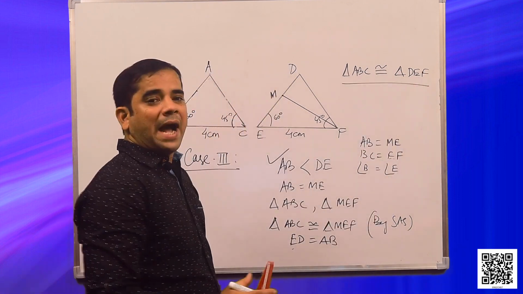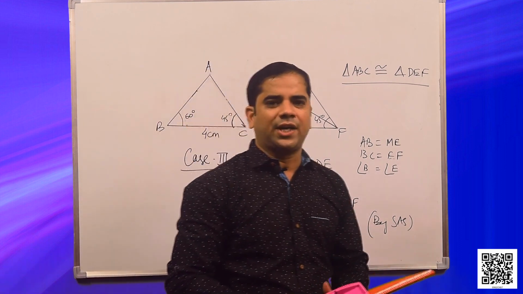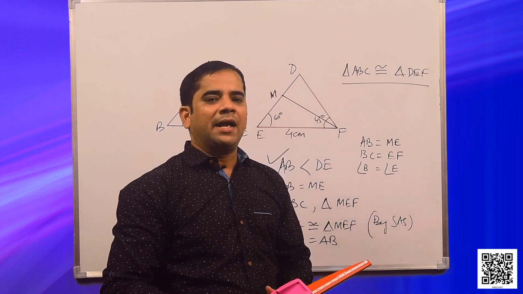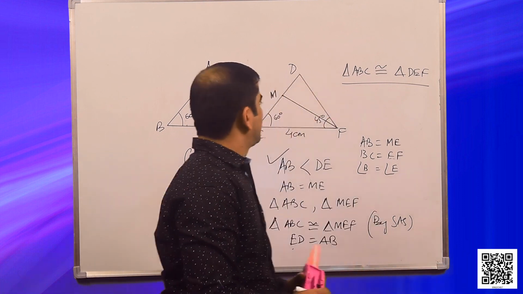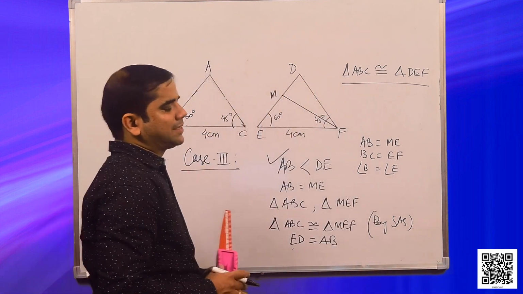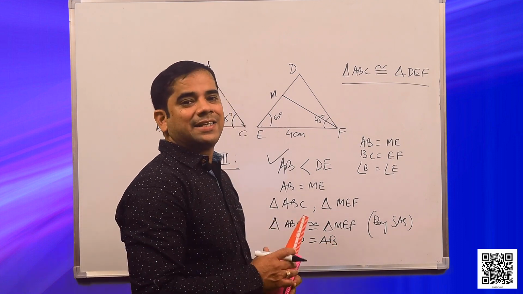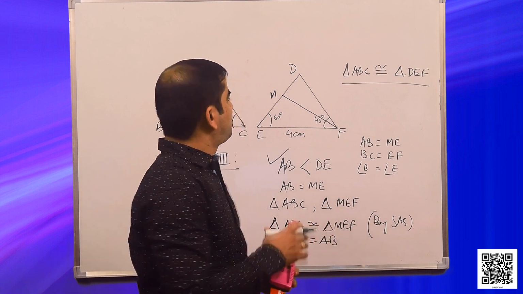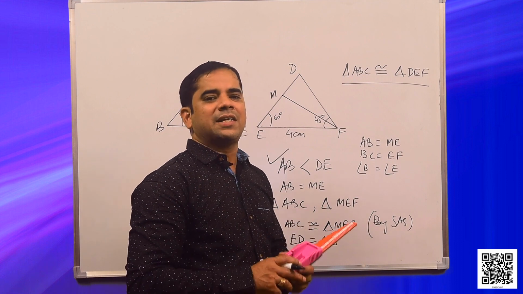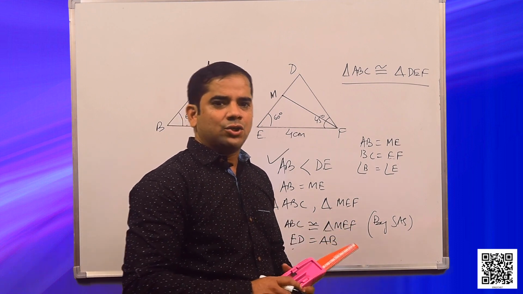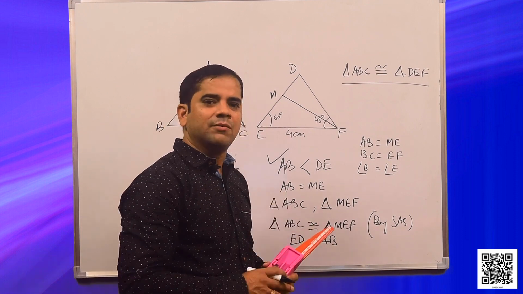So, by taking SAS congruency into consideration and by assuming 3 different cases, we have concluded that 2 triangles are congruent to each other by following ASA congruency. To prove that, we have used the SAS congruency. So, these 2 triangles are congruent by following the ASA congruency.